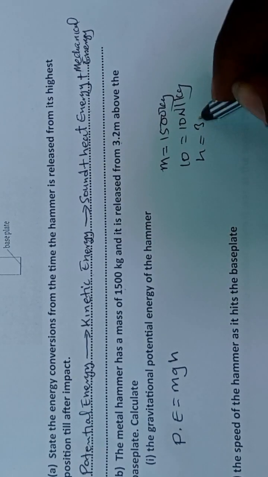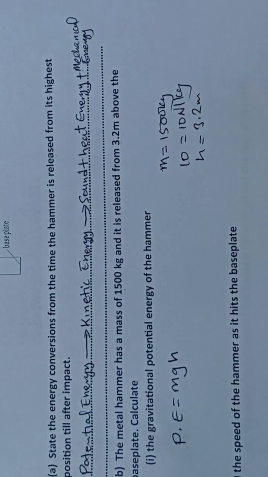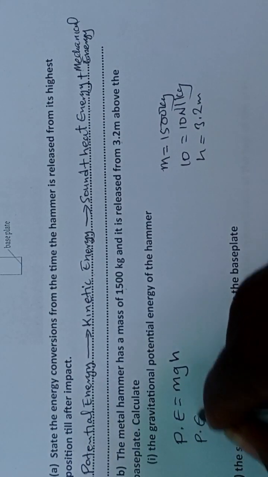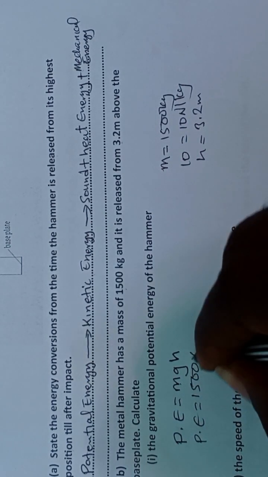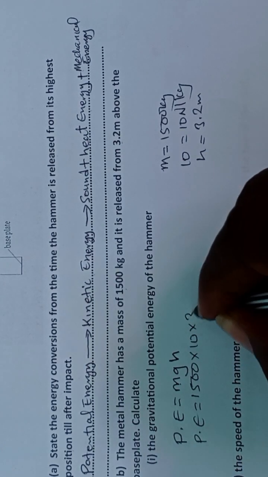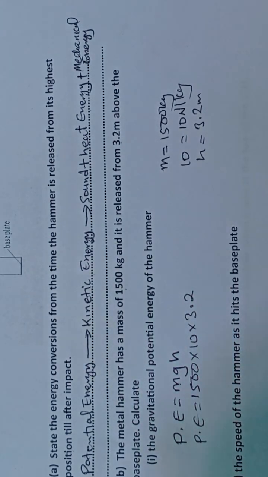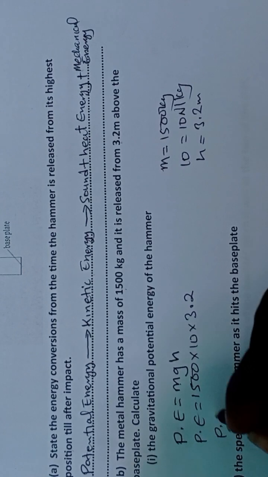Height is 3.2 meters. So potential energy is equal to 1,500 times 10 times 3.2.